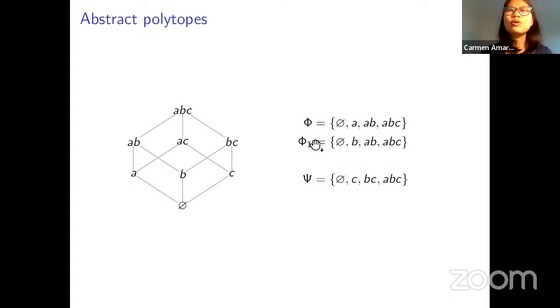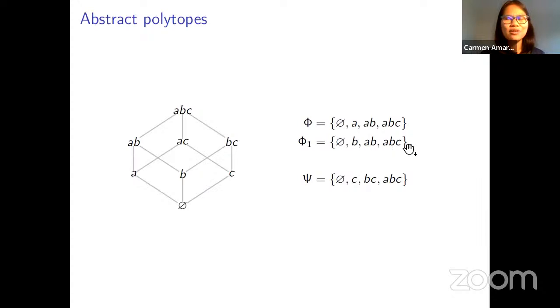Now, if we compare this flag with the flag phi, this contains the null set and ABC. And etong dalawang faces na yan, yung least face and the largest face, those are precisely the faces in the intersection that are common to phi and to psi.